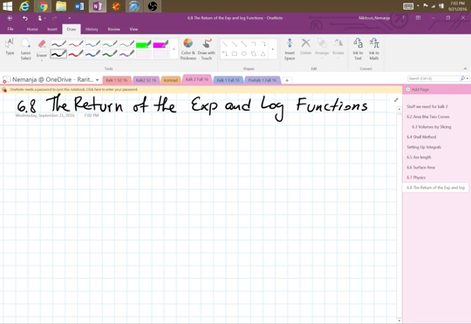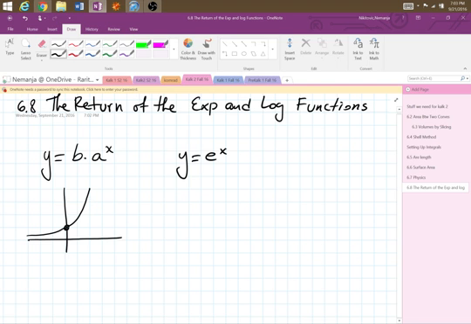So what you hopefully know from your pre-calculus experience is that an exponential function can be written in its general form as some constant b times a to the kx. And the most famous one would be e to the x. And the graphs look like this.